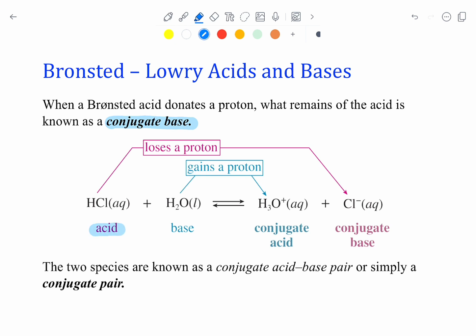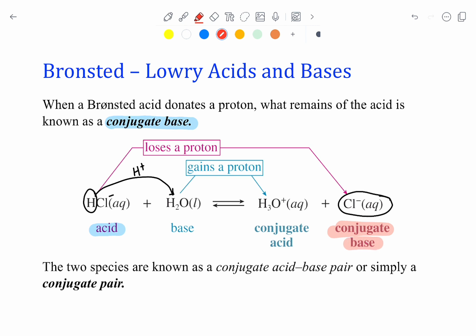So what HCl is going to do is it's going to take this hydrogen and donate it to the base, which in this case is water. So if I'm getting rid of an H+, I'm leaving a Cl- on the other end. So what happens is in the product side, it becomes Cl-. So it's then referred to as the conjugate base.